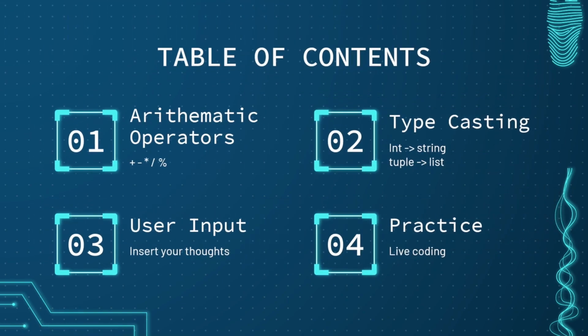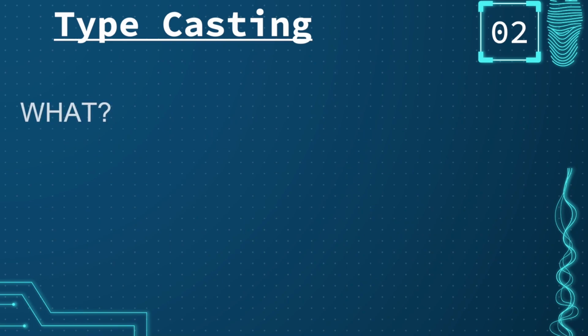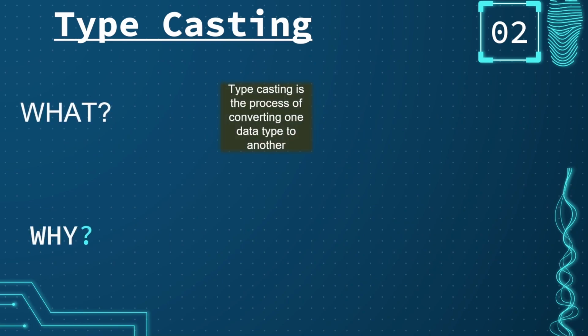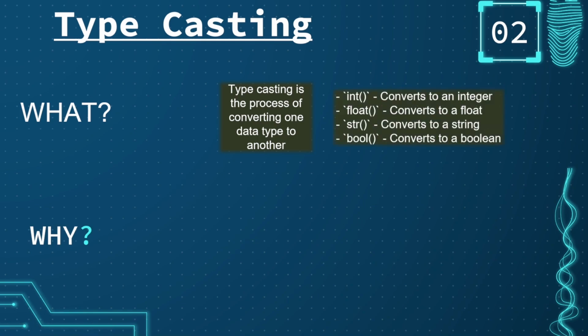Then we have typecasting. What is typecasting? Why do we need it? Typecasting is the process of converting one data type to another. In Python, you can convert a data type using functions like int, float, string, boolean.